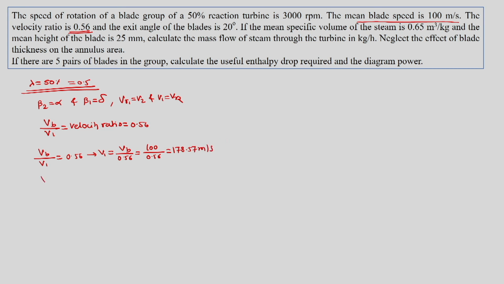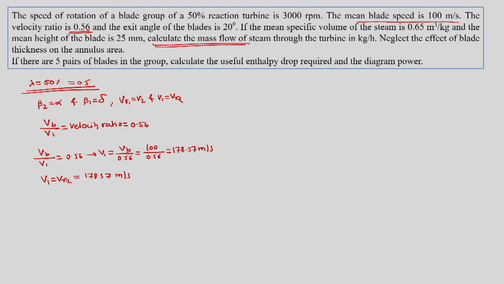But as the fact goes, we have V1 equal to VR2, so VR2 is also equal to 178.57 meters per second.